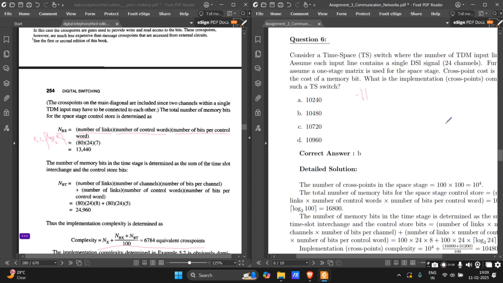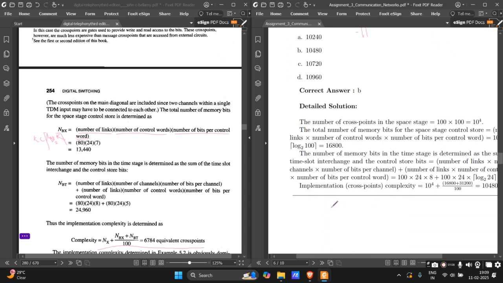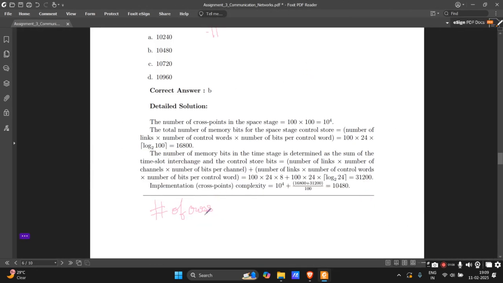Since there are 100 inputs, there will be 100 into 100. So the number of crosspoints is 100 into 100, which is 10 to the power 4.